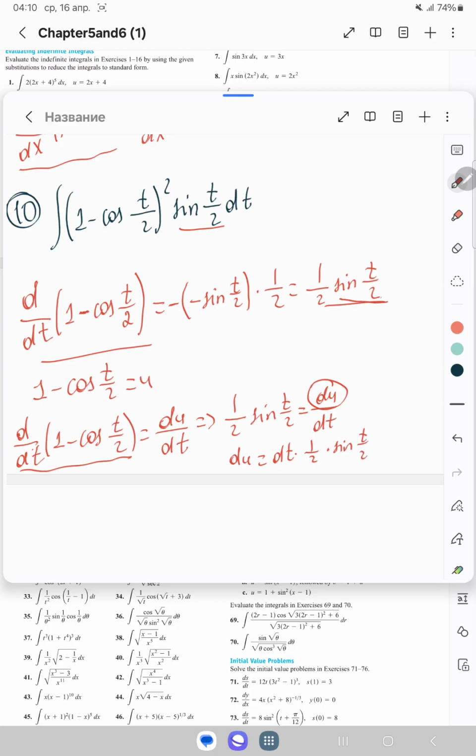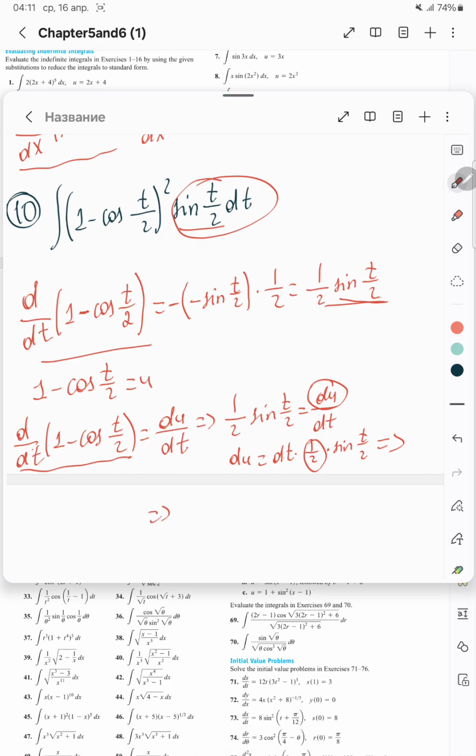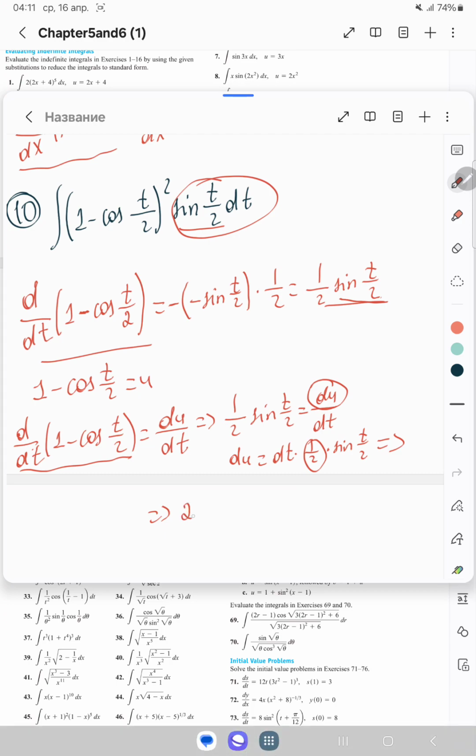But we don't have 1 over 2 here, as you can see. So I will do something like this. Let's multiply each part by 2. So 2 du equals dt times sine t over 2. So instead of dt times sine t over 2, I will write 2 du.